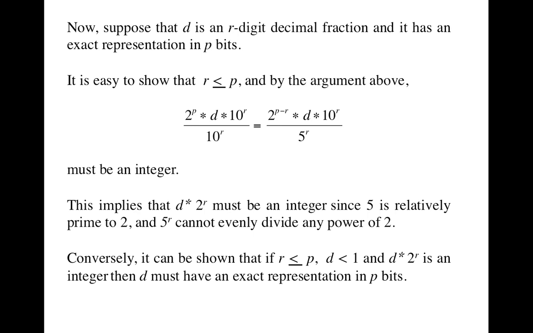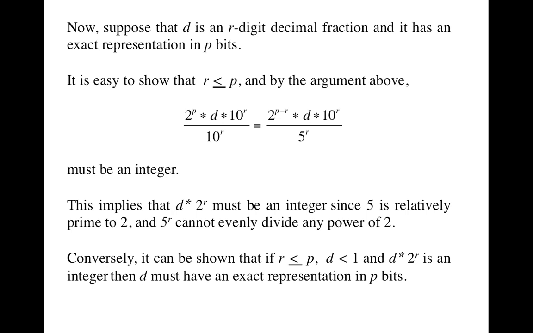So we use exactly r digits to represent it. Like if it's 0.35, it means r is equal to 2. If it's 0.567, it is r equals 3. And now we want to represent this number, which is 0.567 or 0.35, as a 2- or 3-digit number in p bits, and want to see if it has an exact representation.